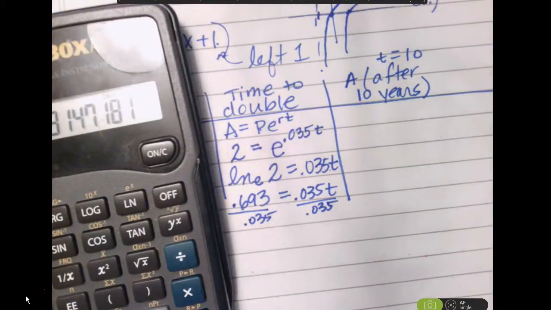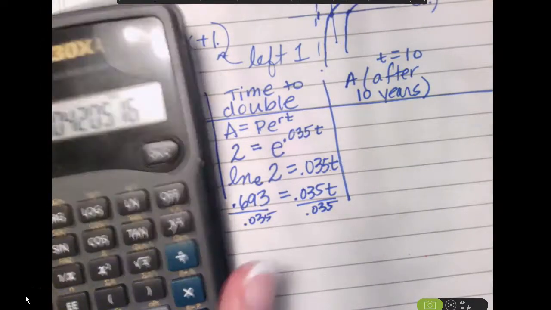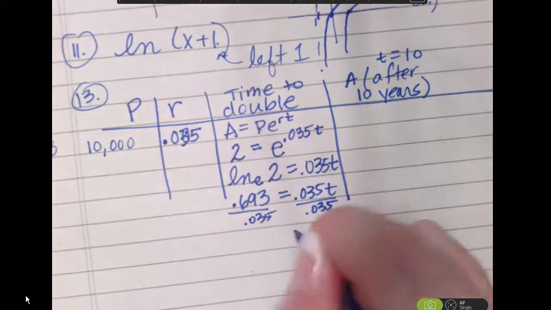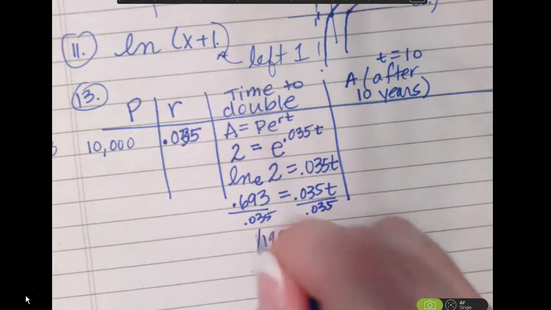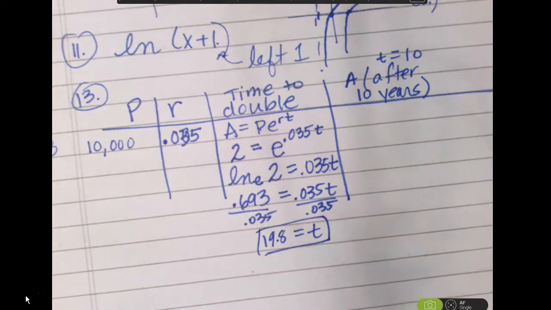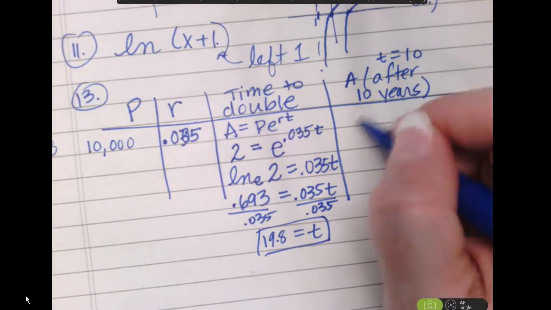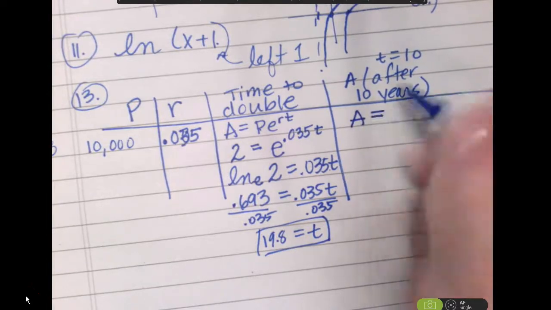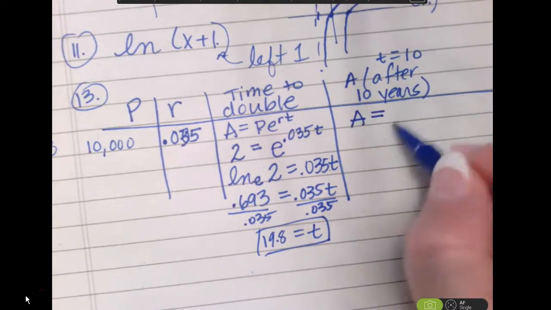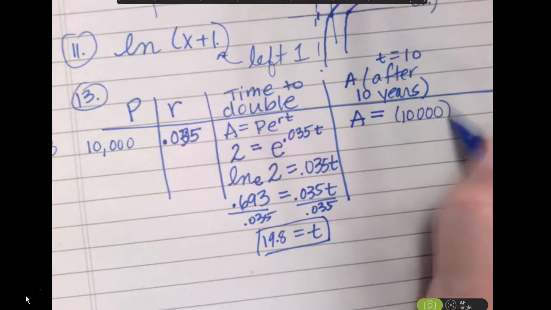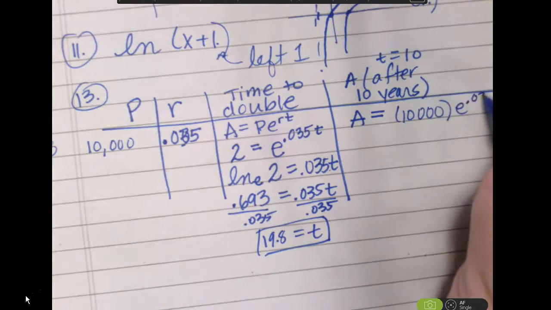So I can do that, divide by 0.035, and that gives me 19.8. So t equals 19.8 years to double at 3.5% interest. Then if I'm looking for the amount after 10 years, A is my missing variable, and I'm going to substitute 10,000 times e^(0.035 times 10).